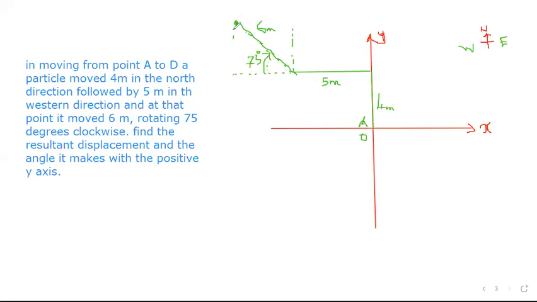So this is our point D. If we were to scribble a rough one, it would look something like this, such that the resultant would be something like that. So this would be our resultant R. This is D, this is A.